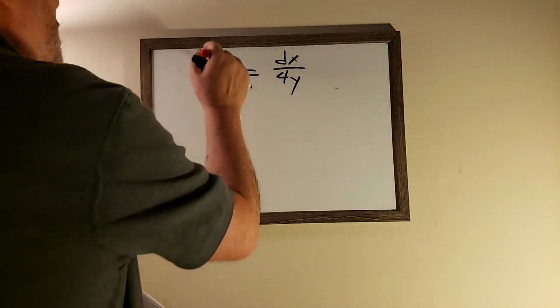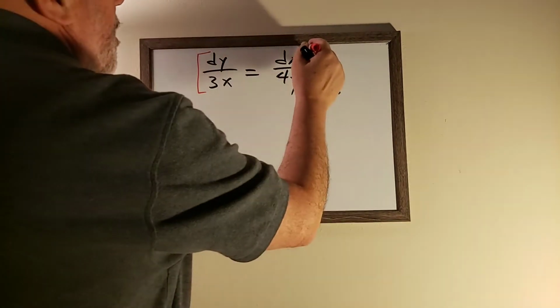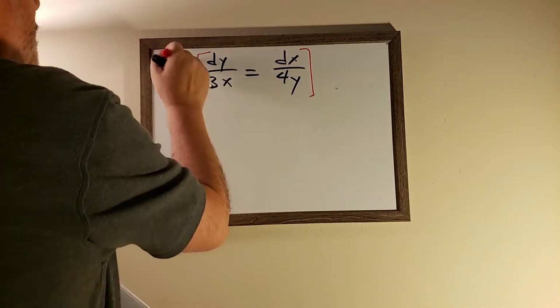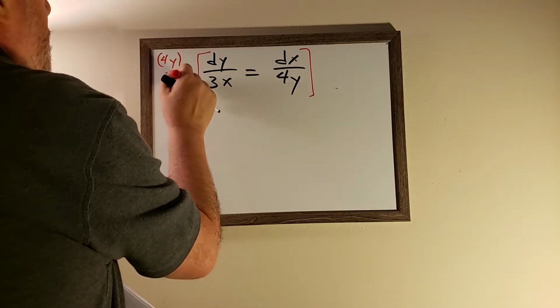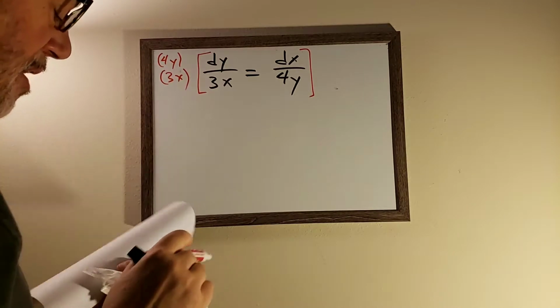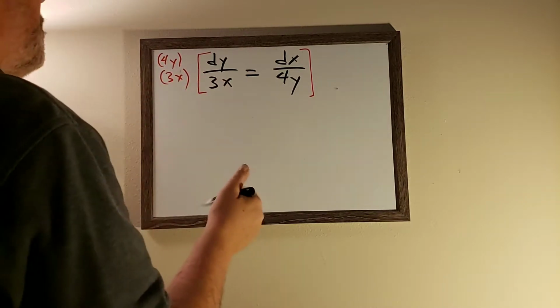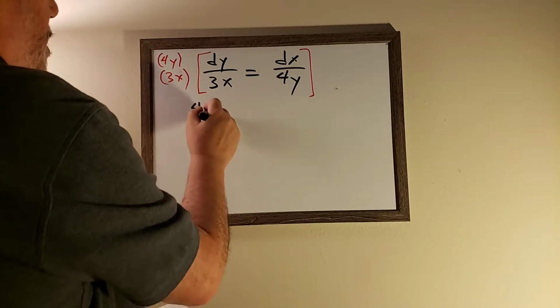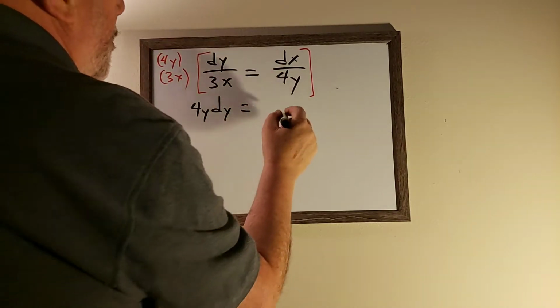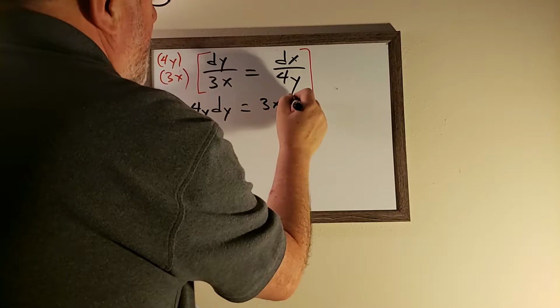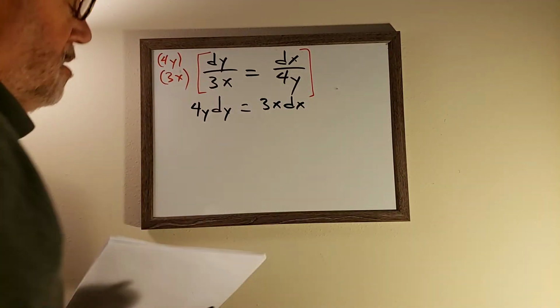And so the way we can do that is we can multiply everything by 4y and the 3x. And so when we do that, over here the x's would go away and we're left with 4y dy. And then over here, the y's would go away and we're left with 3x dx. Right?